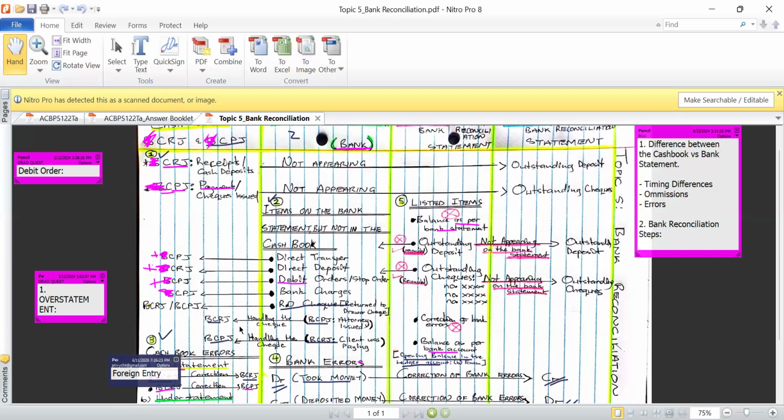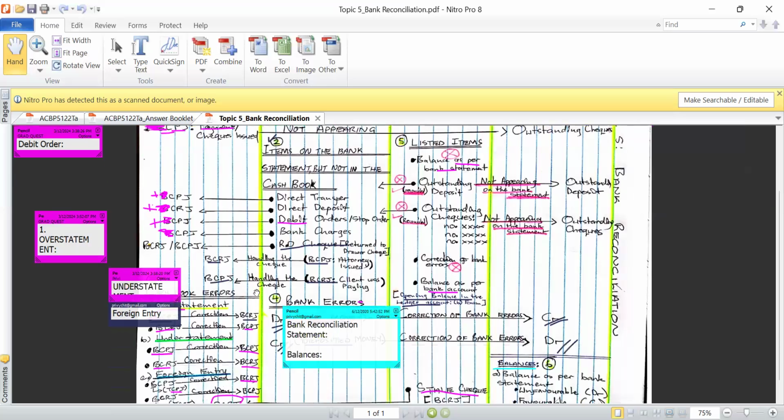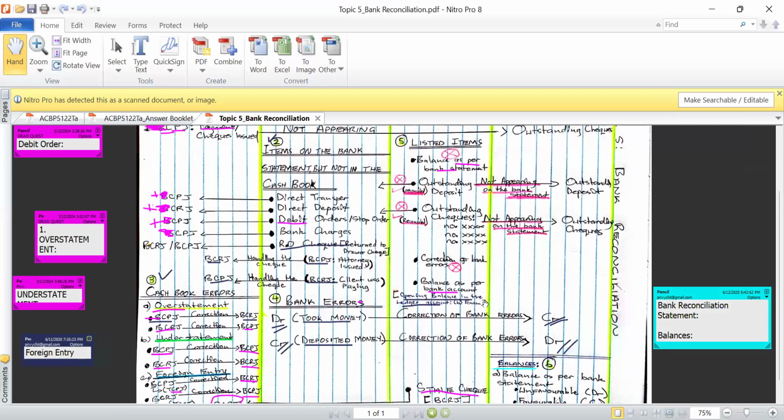So what I'm saying is, with a return to draw check, the most important thing is to look at who issued the check first and what was their intention when they issued the check in the first place before it became an RD check. Now if it was the business that had issued the check, it means the business was paying someone. That was their intended purpose in the first place. So it would have already been recorded in the cash book payment journal.